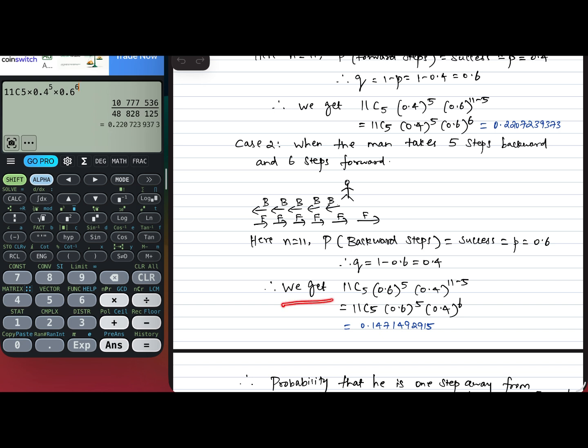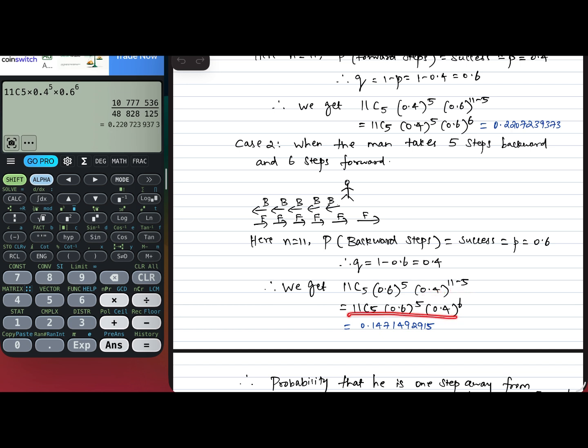Now we can understand this case very well. Again you can see 11C5. This 5 is meant for the backward direction. So p to the power 5, that means in the backward direction the probability value is 0.6 to the power of the number of steps he took, that is 5. q to the power of the number of steps remaining, 11 minus 5. So he is taking 6 steps, so it is 0.4 power 6.